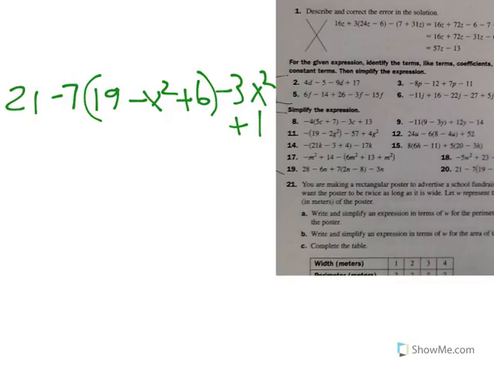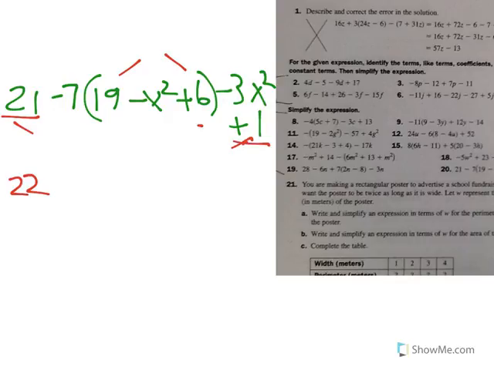So first things first, you can multiply this out if you want. Actually, what I would do is try to get rid of some of this stuff if I can. So right here, I can get rid of one of the terms there. If I wanted to, I can get rid of one of the terms there. So the way I can do that is I can rewrite this. So 21 plus 1 is going to be 22. So I just did this part here and this part here already.